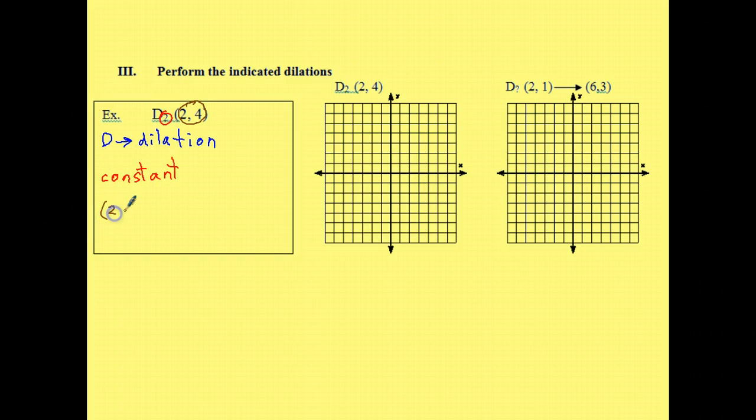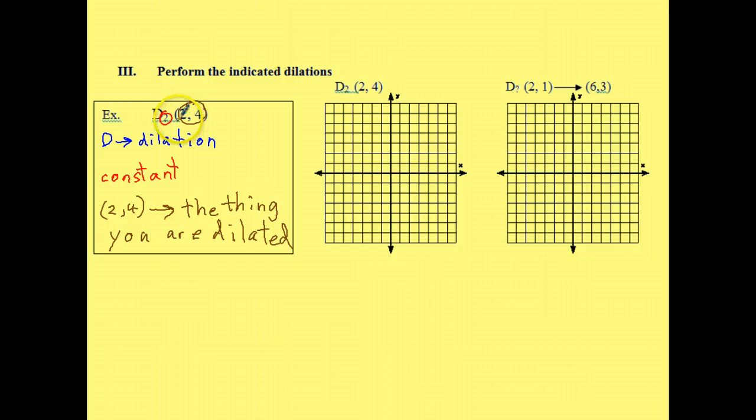So 2, 4 is the thing you're dilating. So there's no shape here but a point.